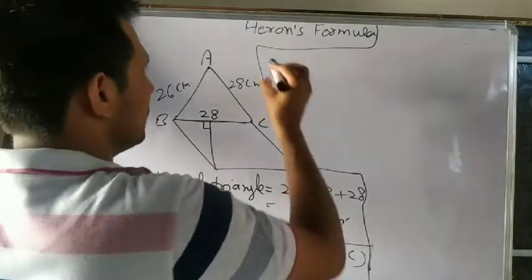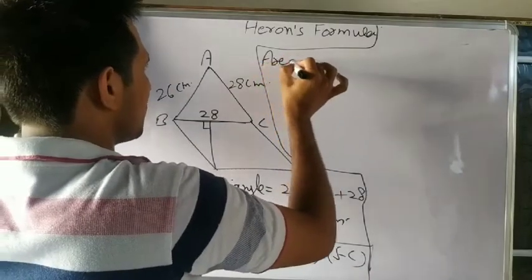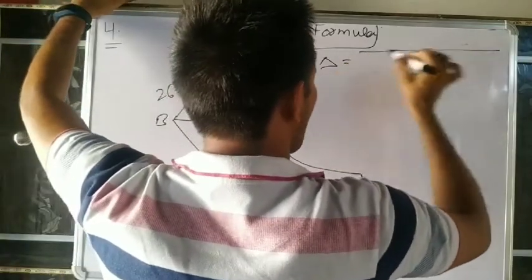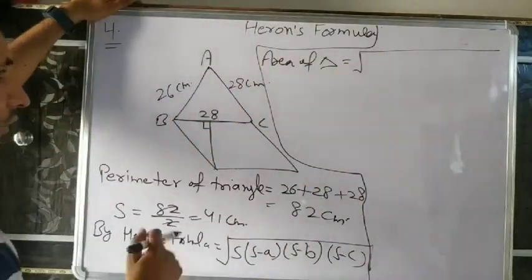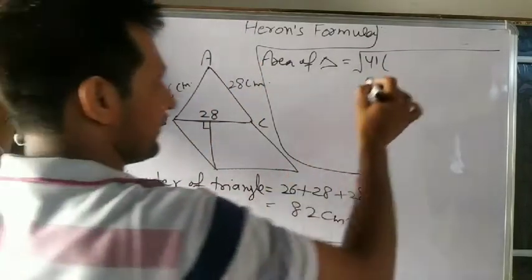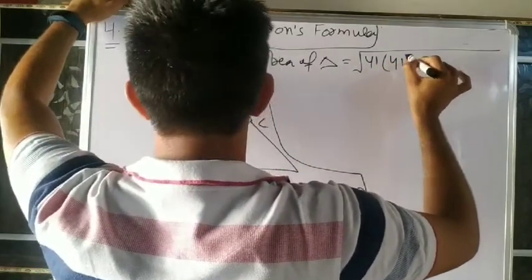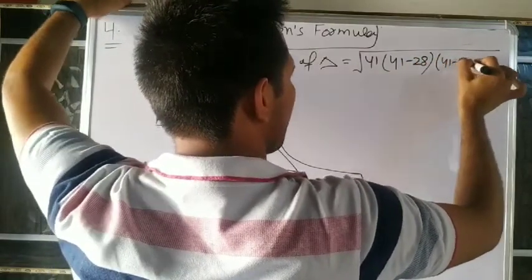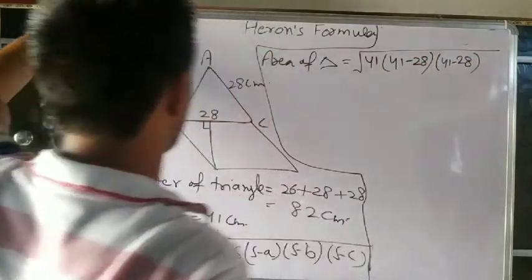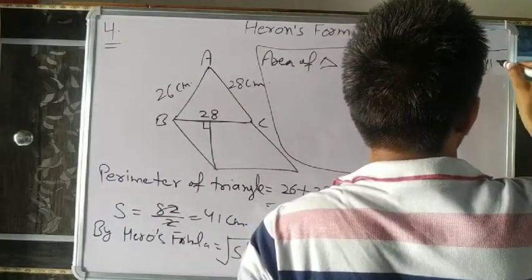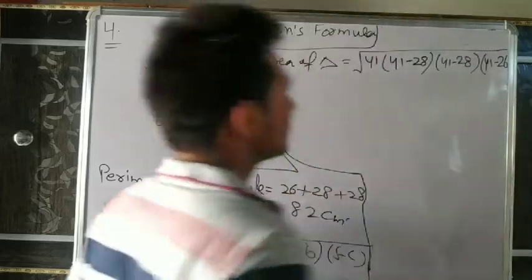Now the area of the triangle. S is how much? 41. Yes. S minus A. 41 minus the first side 28. 41 minus 28, the second side. Third is 41 minus 26, the third side.